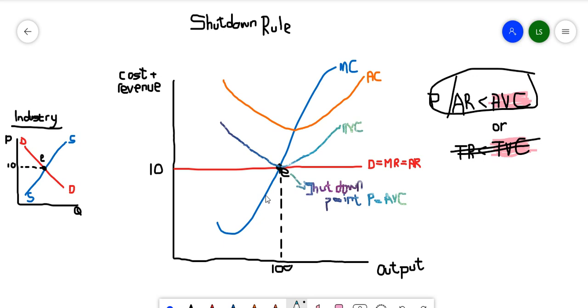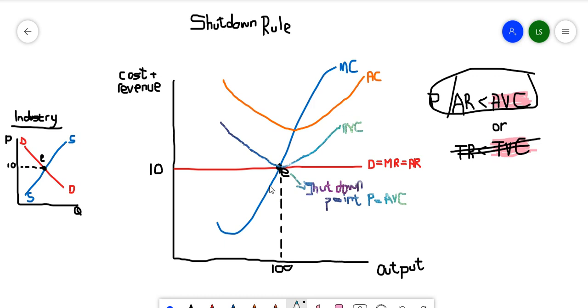A business will not supply anything if it goes below the shutdown point. So there won't be a supply this low, because the firm is shut down there. So at prices here, there will not be a supply curve. The supply curve will literally just be this section here, from the shutdown point upwards, at prices higher than your shutdown point.